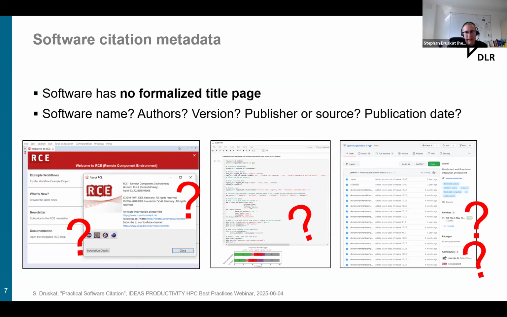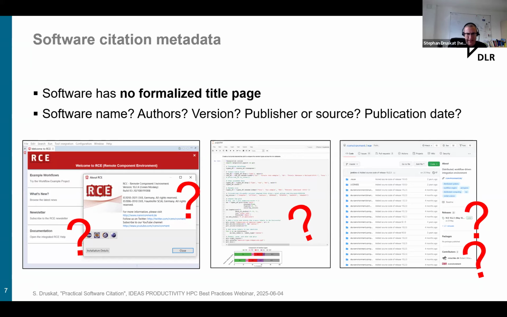So just from having used the software, it's often more difficult to find out for us as users, for example, who the authors of the software are, especially the authors they should cite. What's the publication date of the software, perhaps also what the version of the software is that we used. And sometimes we don't even know the name of the software that we should use for citation.